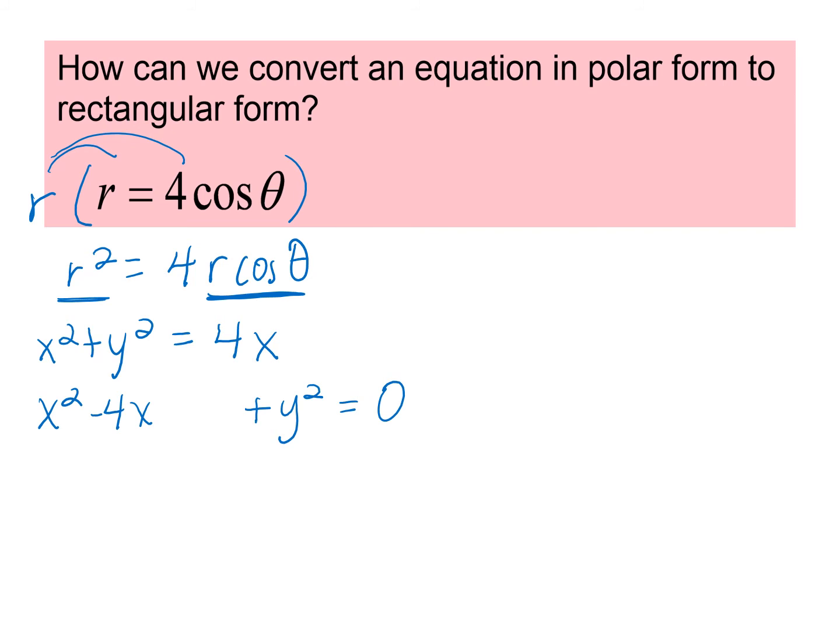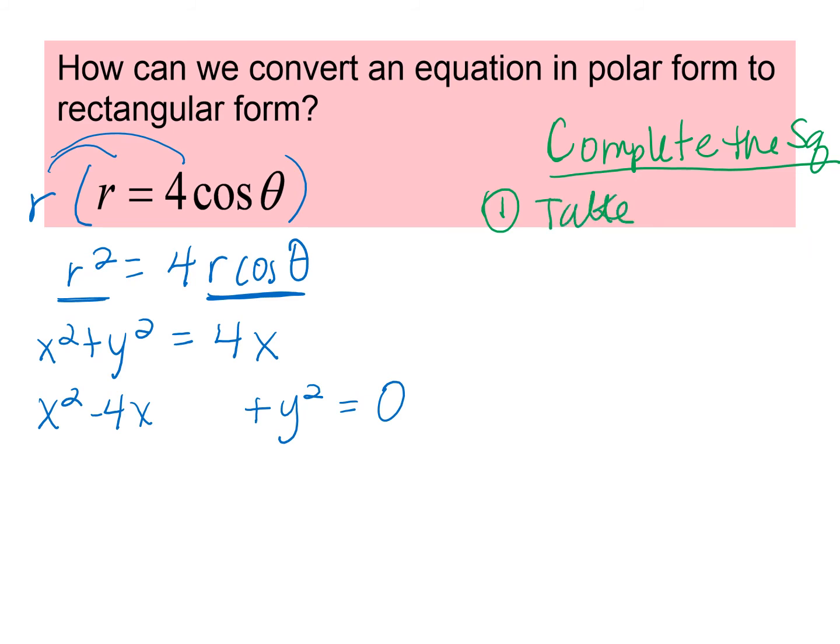Probably should put some little notes over here for completing the square for a refresher. So now that we have it set up, step 1, you take half of b. Remember, we have our ax squared plus bx plus c.